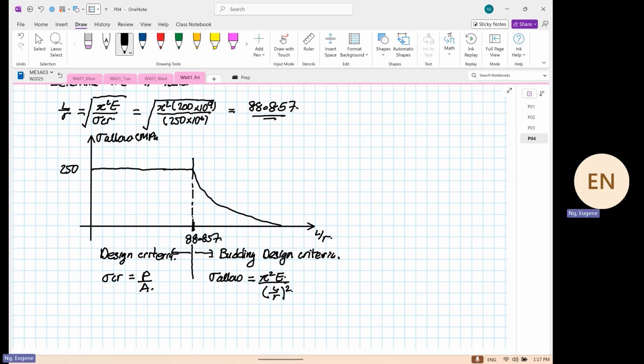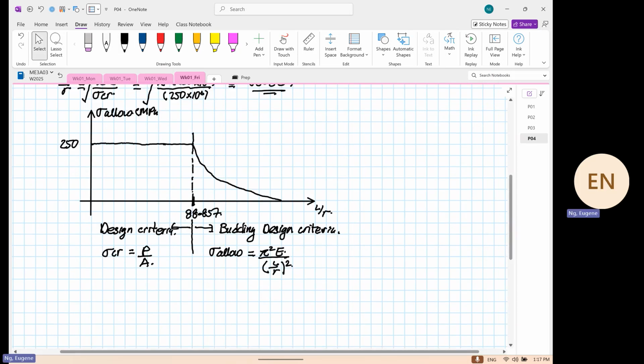On the right-hand side, when your L over R ratio is greater than 88.857, you cannot just do the normal stress analysis. You have to do what?